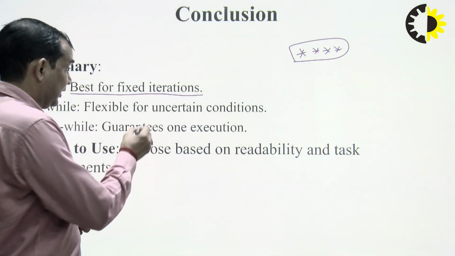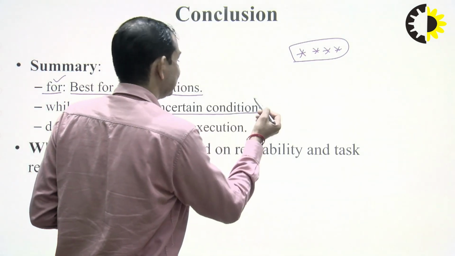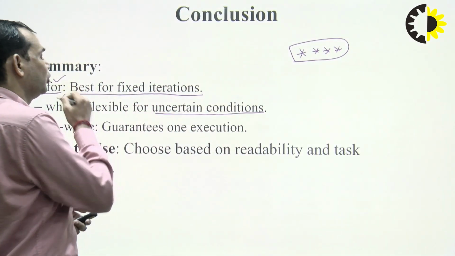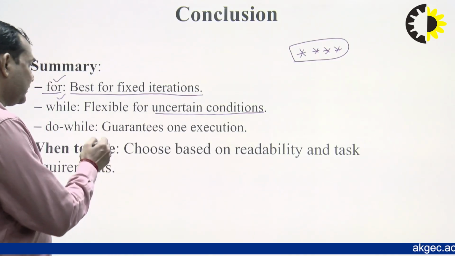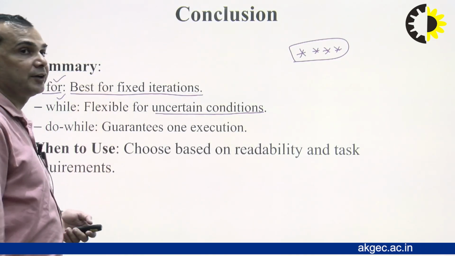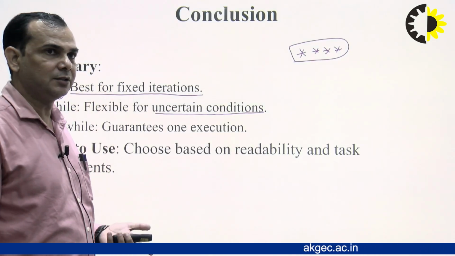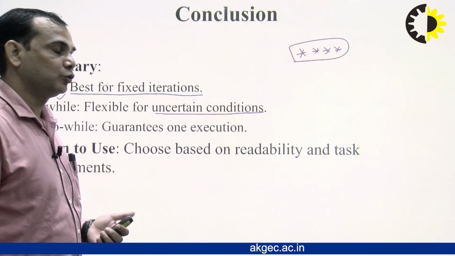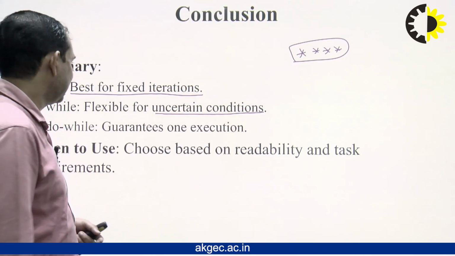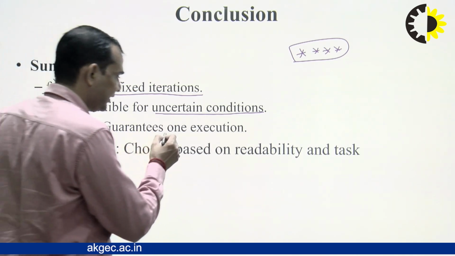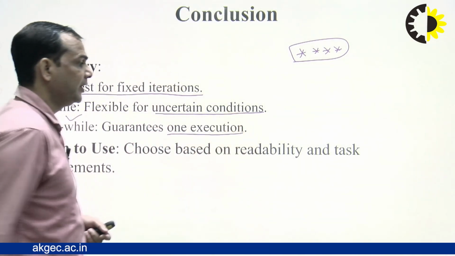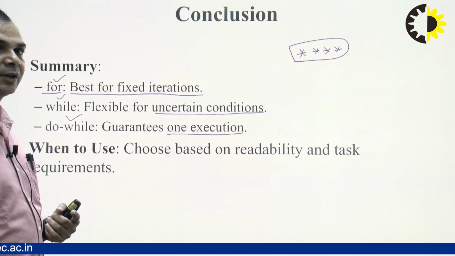If the iteration is unknown, with uncertain conditions that are flexible or may change, then we use the while loop. And if we want the code to execute at least one time, whether our condition is right or wrong, then we use the do while loop, which guarantees at least one execution.